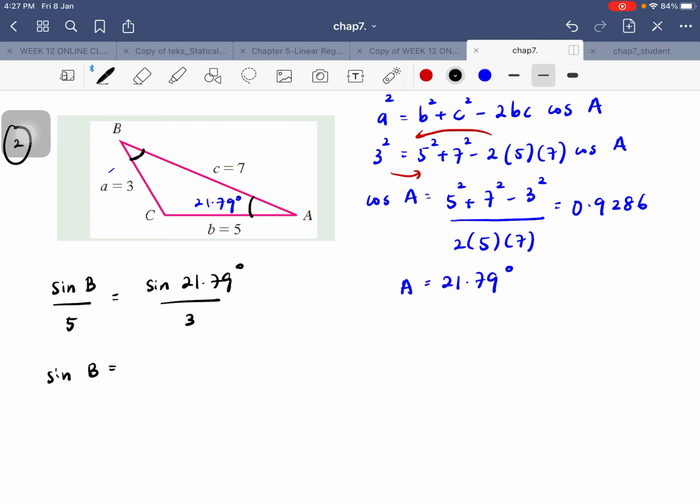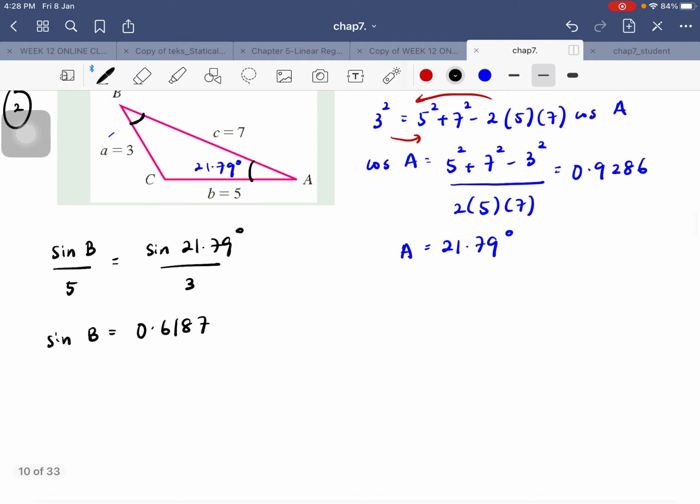I'm going to have sine 21.79, divided by 3, multiplied by 5. So I get a value of 0.6187. I'll take 3 or 4 decimal places. And then to find B, all I have to do is sine inverse my answer. And I'll get a value of 38.22 degrees. So that is going to be our angle of B.